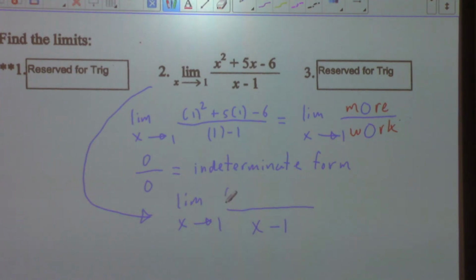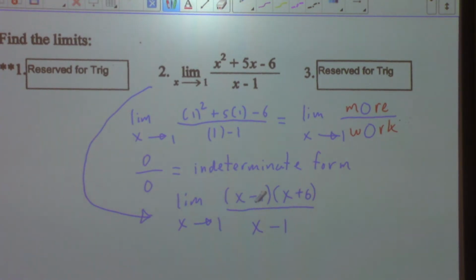And for this to be a 0 over 0, we know one of the factors has to be x minus 1. Is that right? So now we can ask ourselves, what times x minus 1 equals this thing up here? Well, it's going to be x plus 6. Plus 6, but that's a pretty easy way to do it.